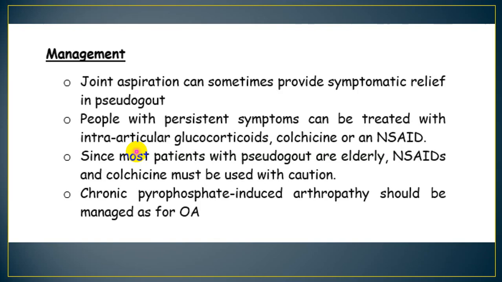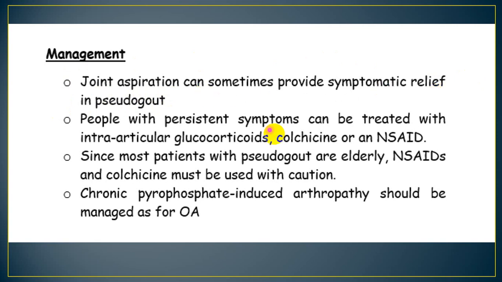How do we manage a patient with pseudogout? Management is typical to that of gout also. So, if the patient has severe pain and the joint swelling is maximal, joint aspiration for relief of pressure is very important for relieving pain.